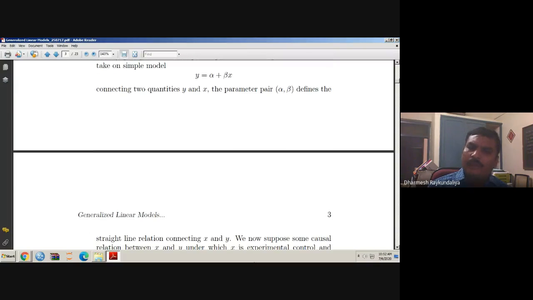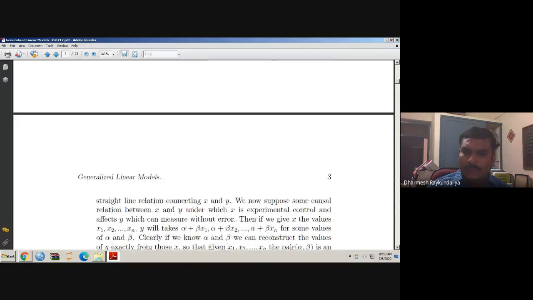So for given values of alpha and beta, if you take different values of x like x1, x2 up to xn, then it gives different values y1, y2, yn, and those y1, y2, yn will be alpha plus beta x1, alpha plus beta x2, likewise alpha plus beta xn.